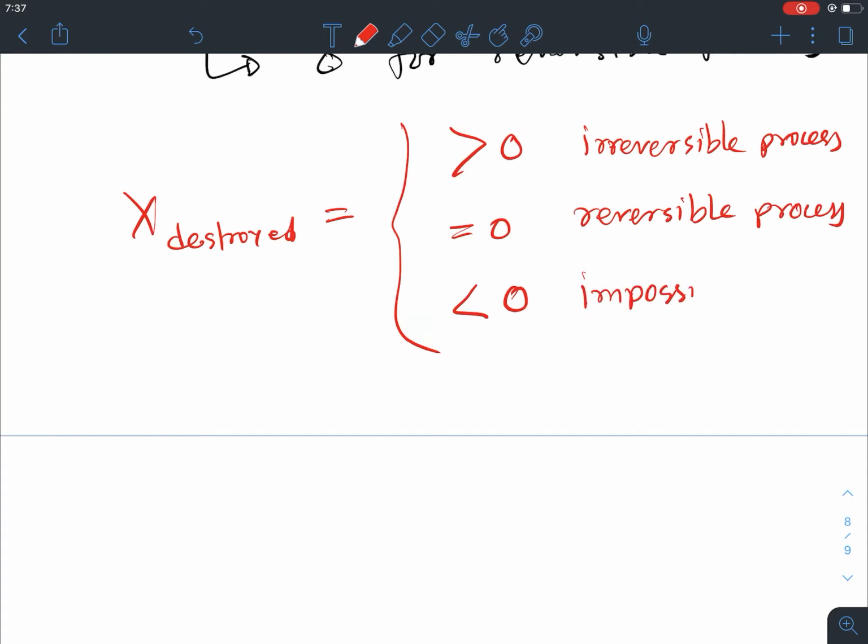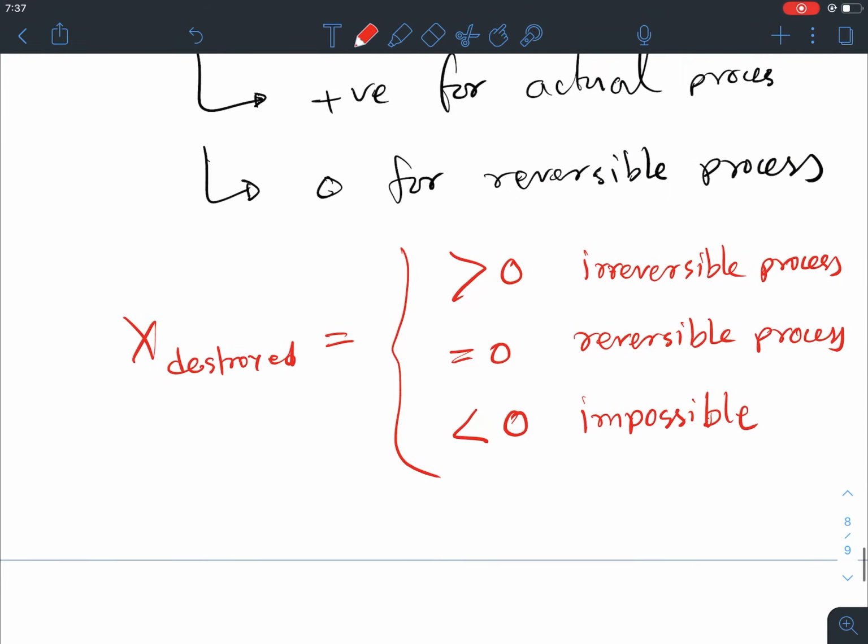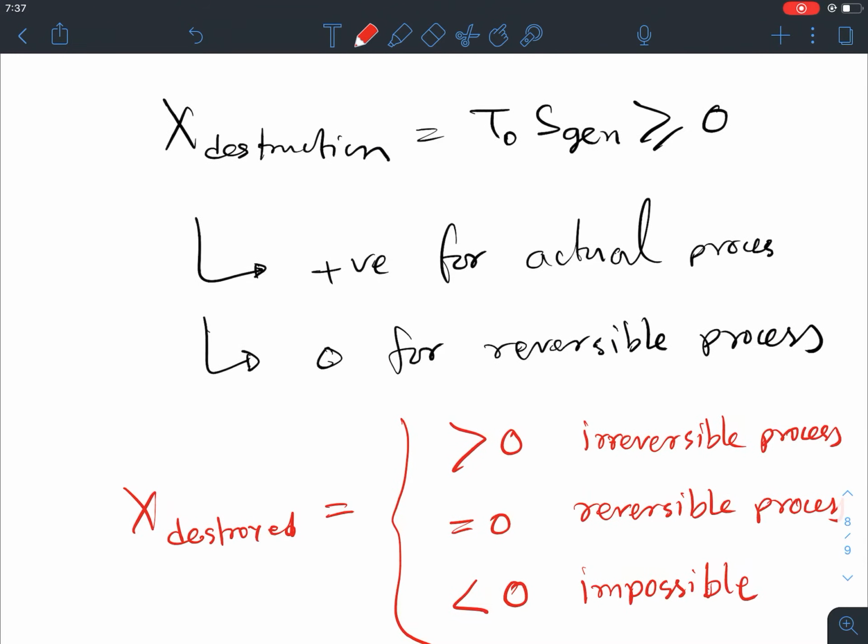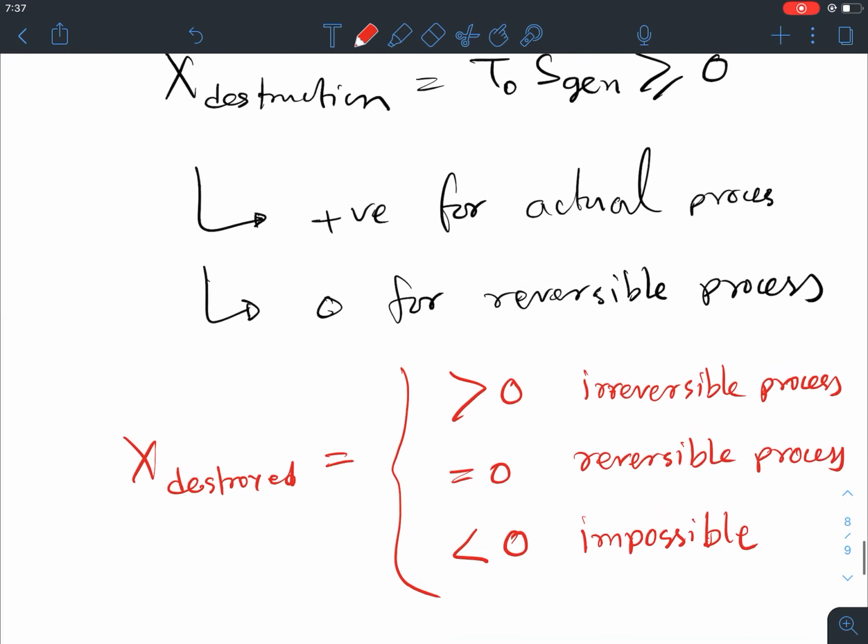However, exergy destruction less than 0 is not possible, impossible, right? Meaning that there is always some exergy destruction. There is no way that a system doesn't have exergy destruction.